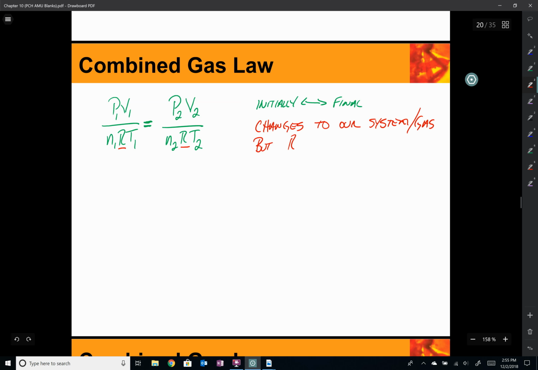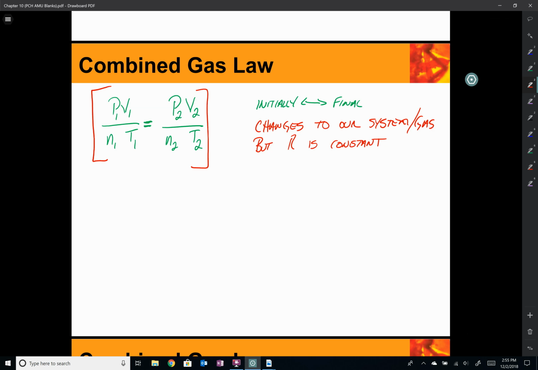It's going to be the same on both sides, so we can get rid of it. Our equation simplifies to P1V1 over N1T1 equals P2V2 over N2T2. This is the combined gas law equation that we're talking about here.